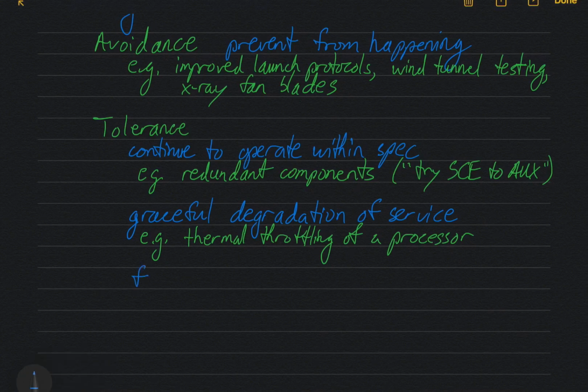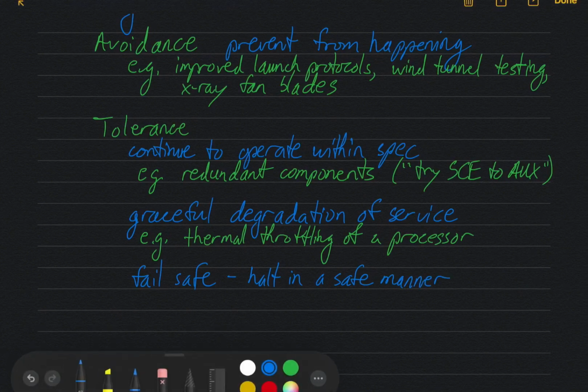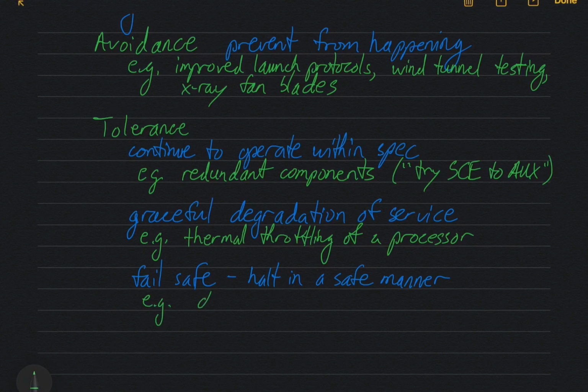So another form of tolerance is the failsafe, where you halt in a safe manner. So examples of those include things called deadman switches. They should really be called dead person switches now. In trains, there would be some kind of device that the operator would have to keep pressure applied to.